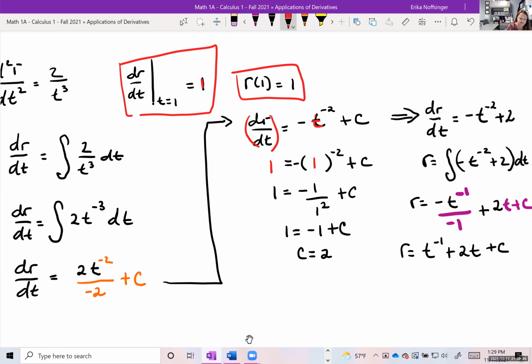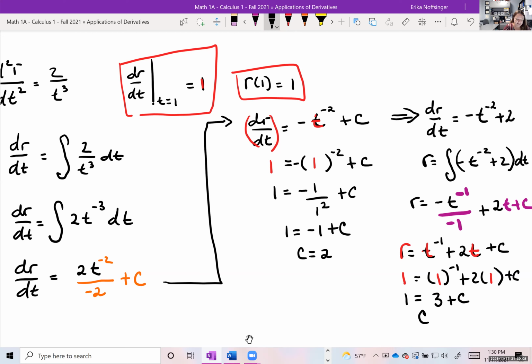So now let's use the fact that r of 1 is 1. So when t is 1, r is 1. So you have 1 equals 1 to the negative 1 plus 2 times 1 plus c. 1 to the negative 1 power is 1. 1 plus 2 is 3, so we have 1 is equal to 3 plus c.